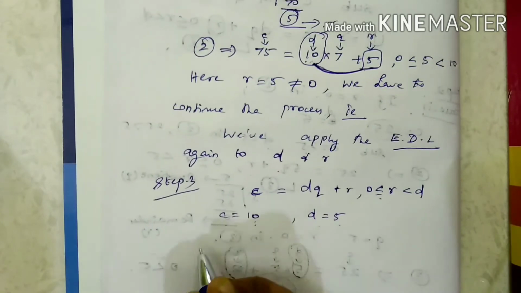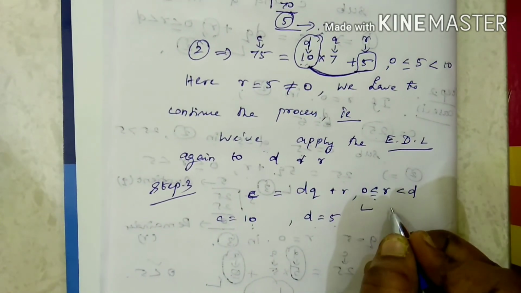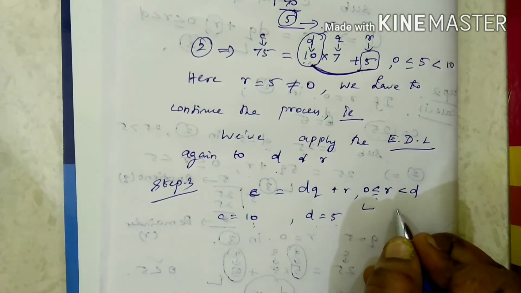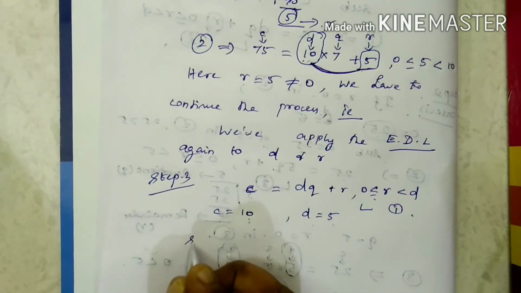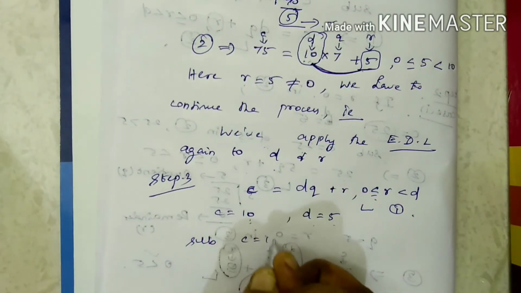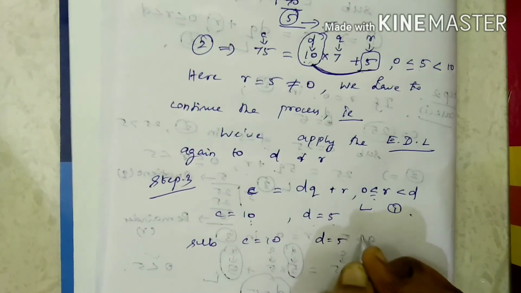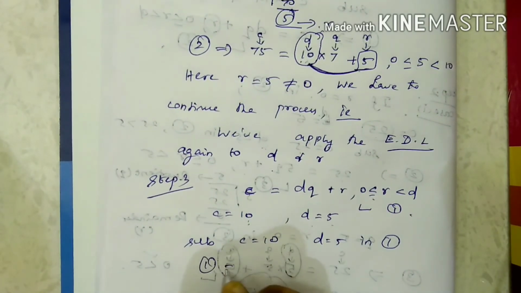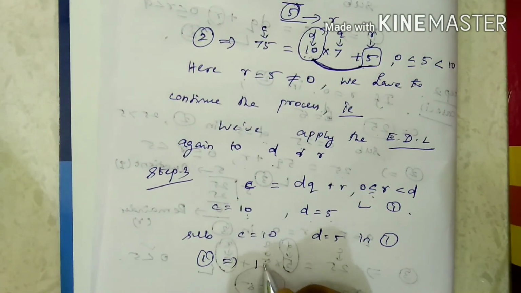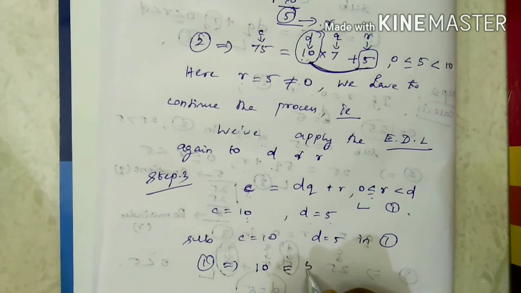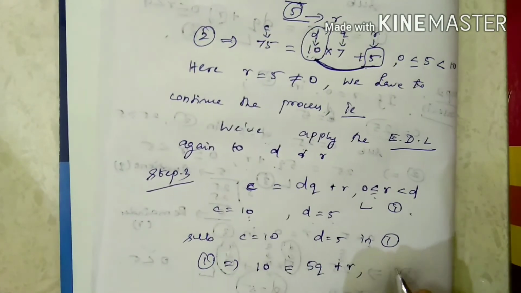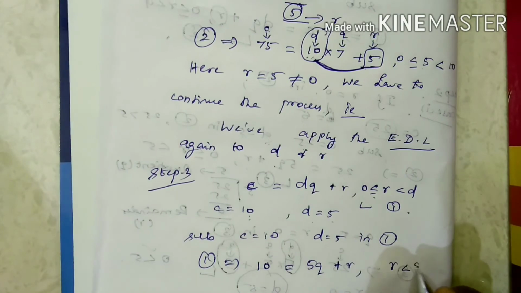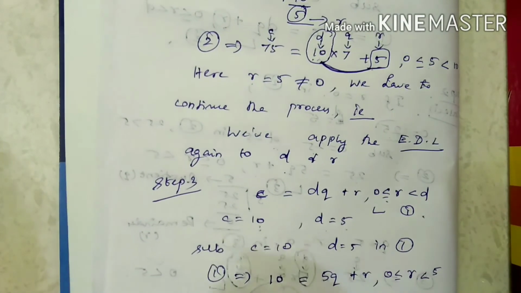Substituting these two values in this equation, let us call it equation 1. Substituting C is equal to 10 and D is equal to 5 in equation 1, we get 10 equals 5 into q plus r, where r should be less than 5 and greater than or equal to 0.